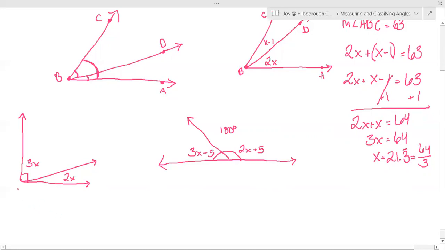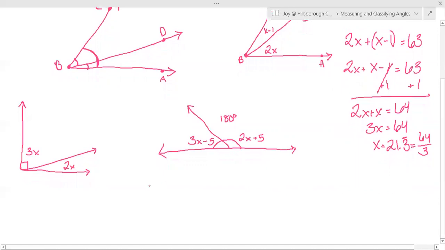All righty, so let's go ahead and work these ones out. This first one does not tell us the angle measure, but it does show us a little box, which means we have 90 degrees. So I know that 3x plus 2x equals 90 degrees. 3x plus 2x is 5x. 5x equals 90.